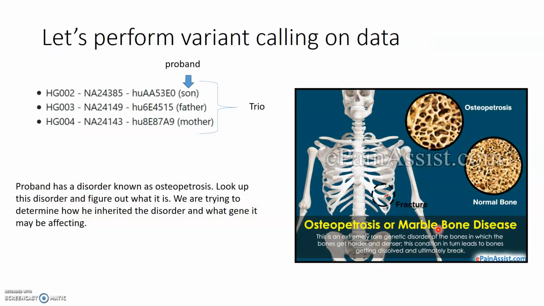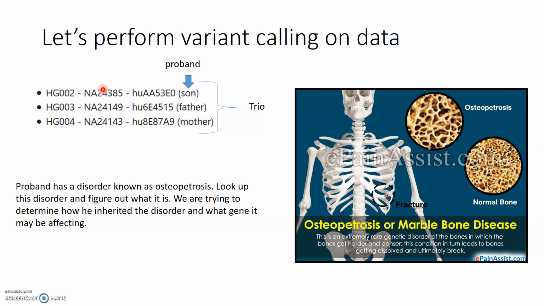If we remember back to our activity, we had what's called a genetic trio in medicine. We have a father, a mother, and an affected son. This particular child, often called the proband within the genetic trio, is affected with a disorder called osteopetrosis.